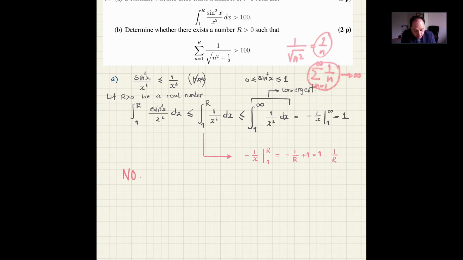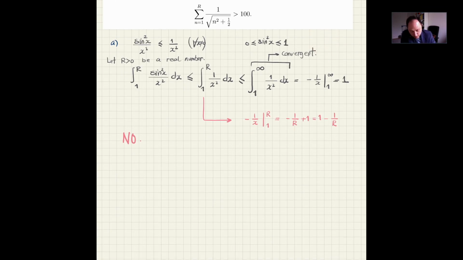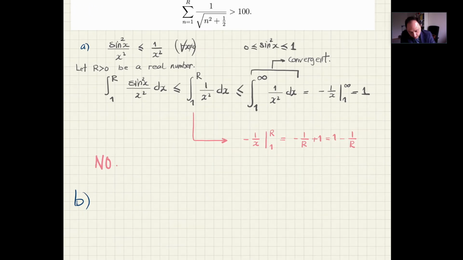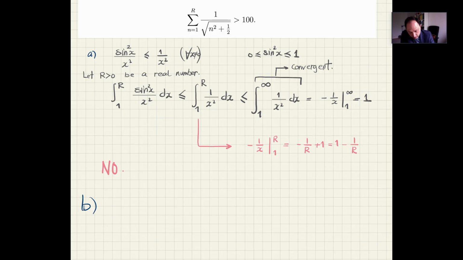Okay. But if we want to make it precise, we have to write it in proper form. So we say that 1 over square root of n squared plus 1/2 is definitely bigger than 1 over square root of n squared plus n squared.